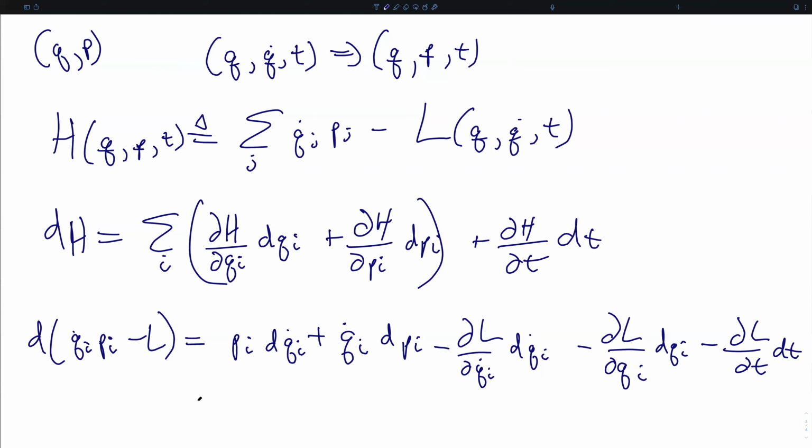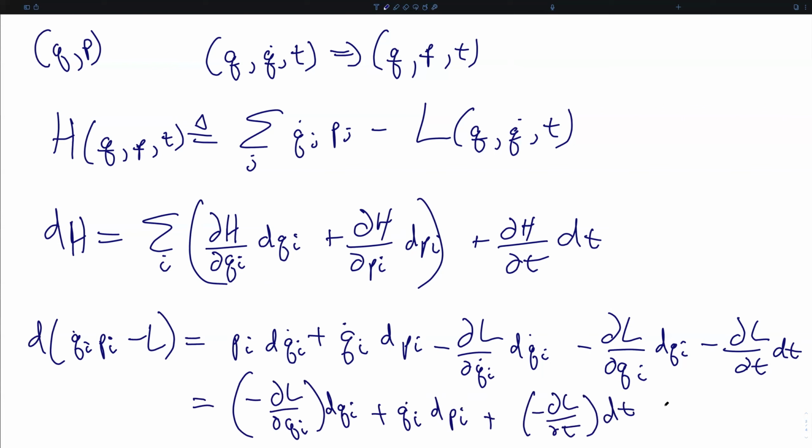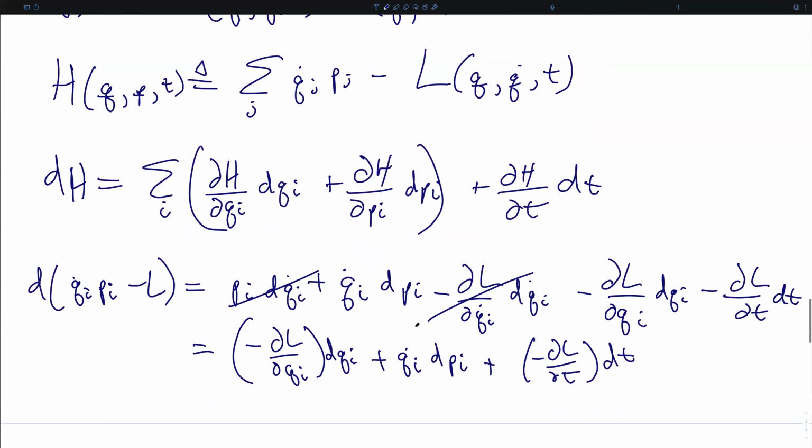This can be simplified because the ith generalized momentum is the partial of the Lagrangian with respect to q i dot, so these terms cancel out. This and this go away, and so all that's left is this term, and this term, and this term.